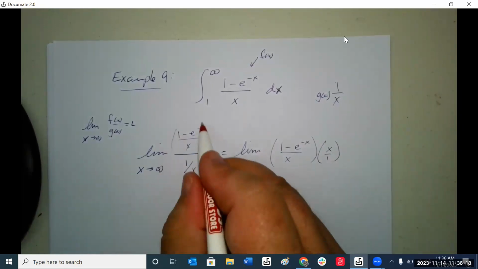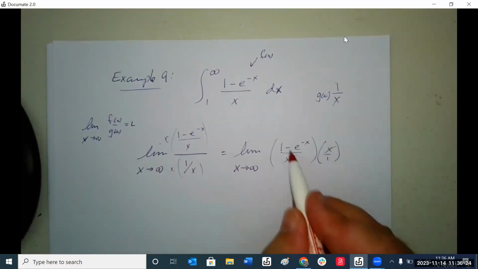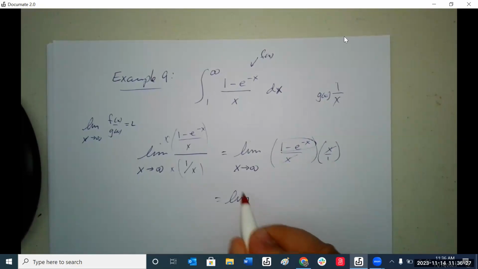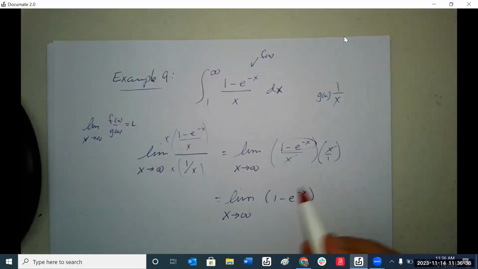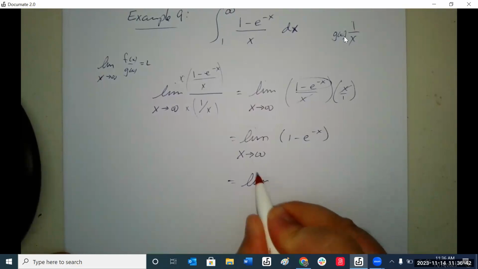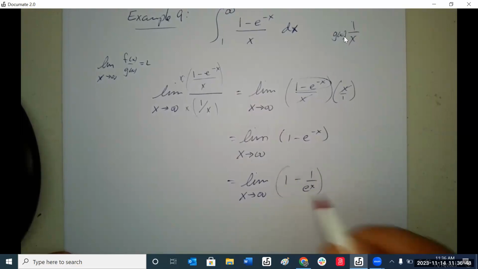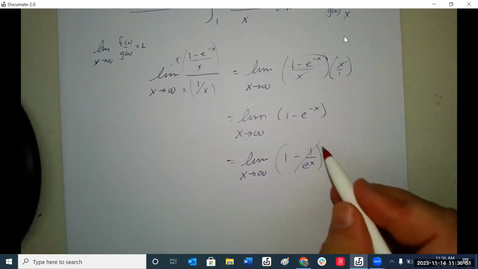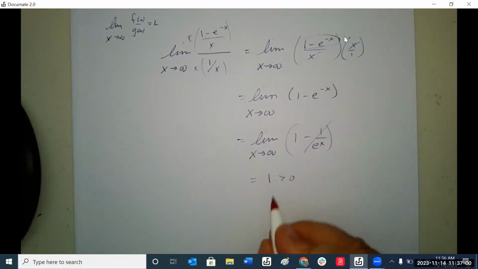We could have just multiplied the top and bottom by the LCD and we'd end up with just that part. So as x goes to infinity, e to the negative x goes to 0, so the limit is 1. It's positive. It's finite.